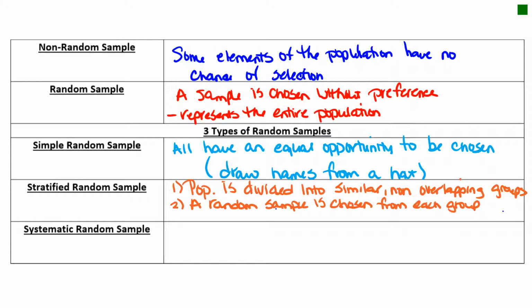So stratified is, first I'm going to divide you into people in Indiana that are in Tippecanoe County and people that are in White County. And then I'm going to choose people from Tippecanoe County and people from White County. But it pretty much represents the population, okay?